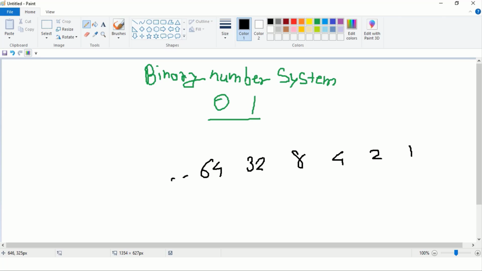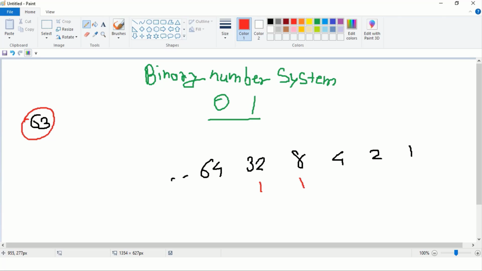Okay. So suppose I want to represent one number, which is 63. How can I represent 63? Here 64 is a big number, so we will not take it. 32 is less than 63, so I will take 32.